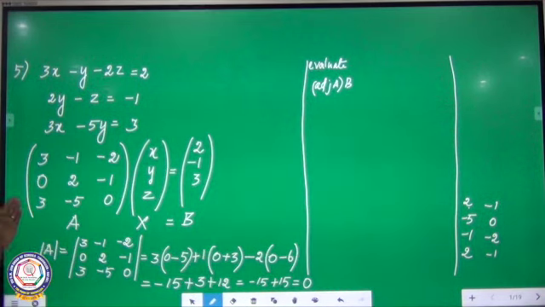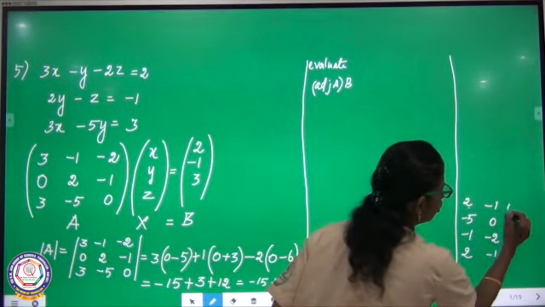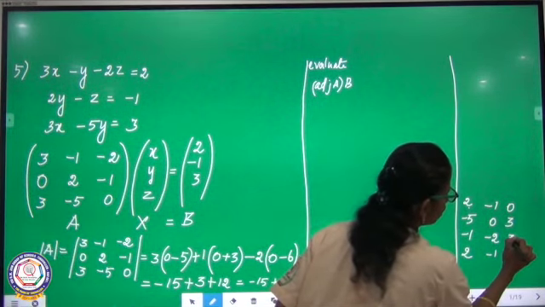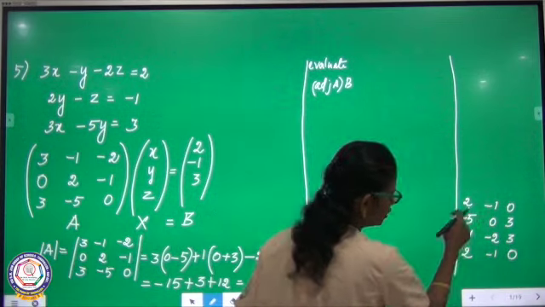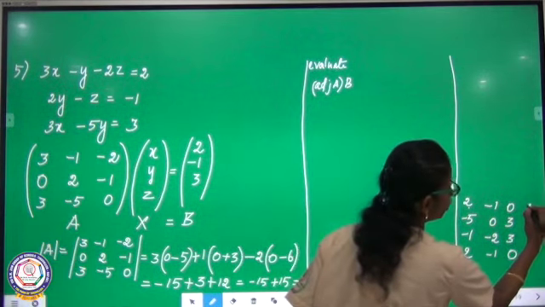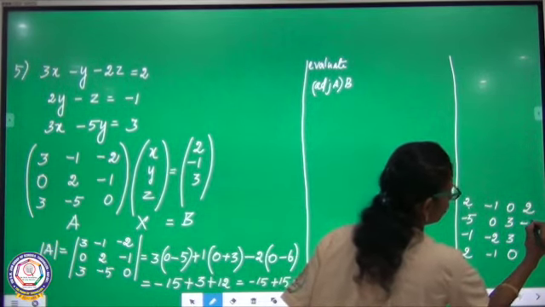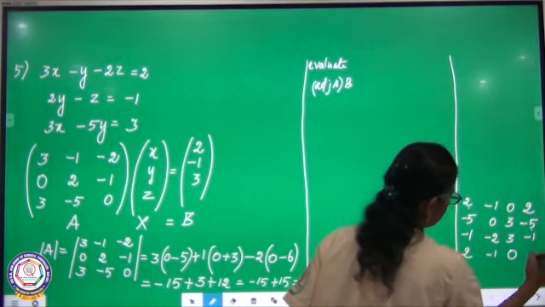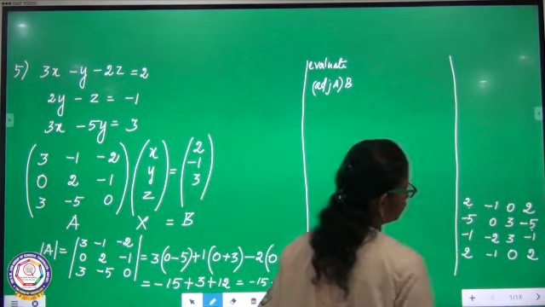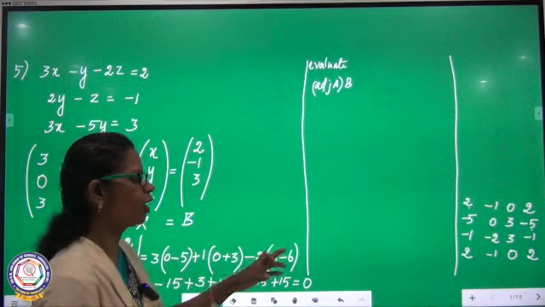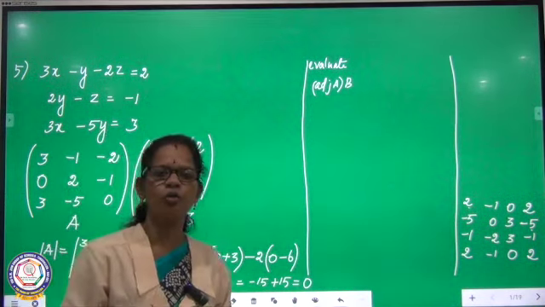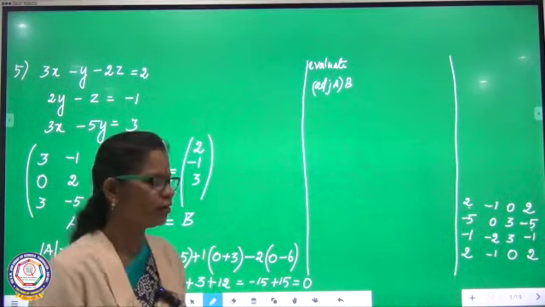Next move towards the left. 0, 3, 3, 0. The same elements you are going to write at the end. -5, -1, 2. Now we want to find the cofactor. Using the cofactor only we can find the adjoint, right?